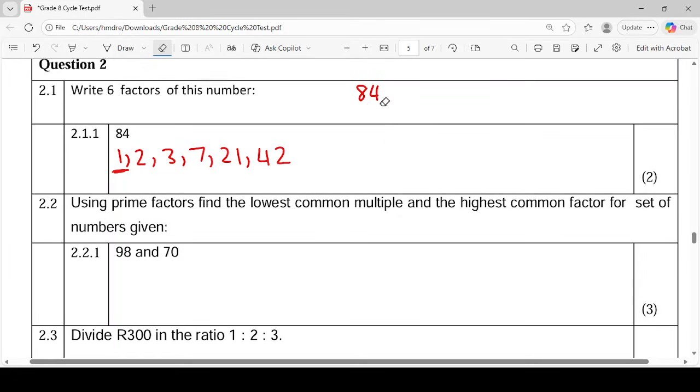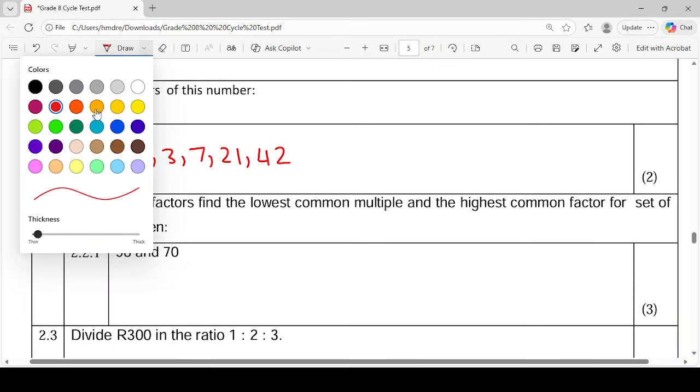Okay, 2.2. Using prime factors, find the lowest common multiple and the highest common factor for these two numbers. So first of all, let's find their prime factors. So 98.